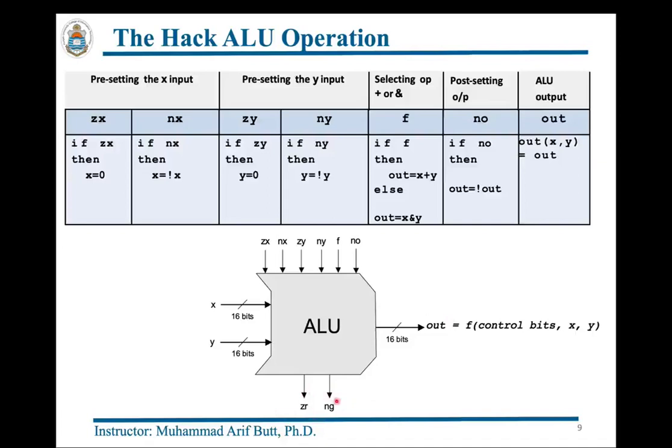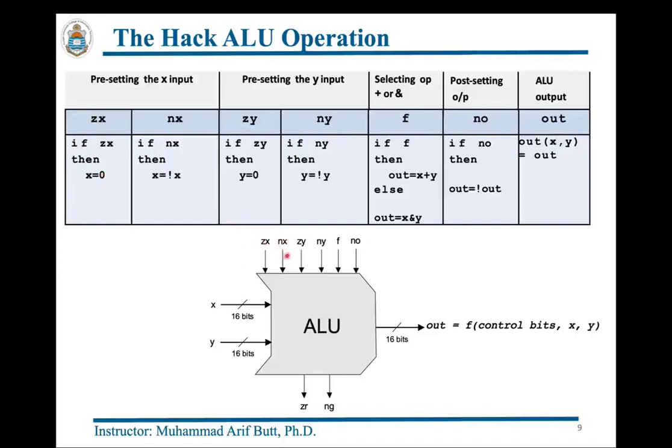Let us understand these 6 control inputs one by one. First of all, if this ZX is 1, that means make x equal to 0. Make all the bits of the input x 0. That means zero X. If this control input is 0, then we do nothing.